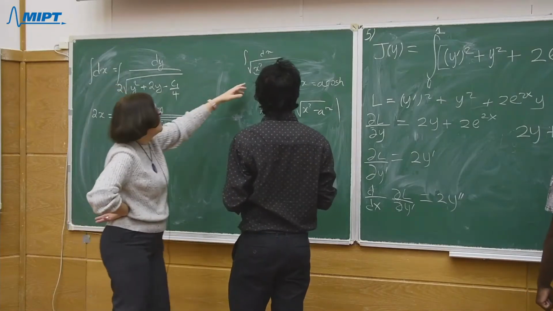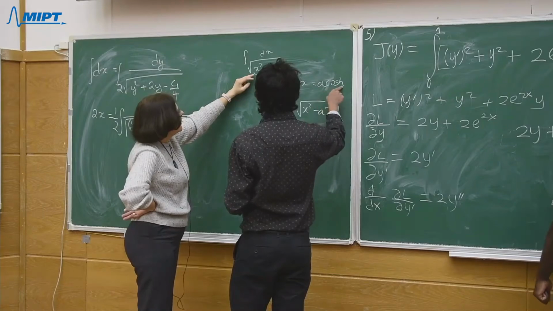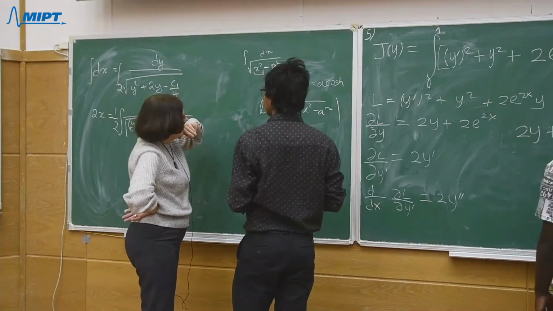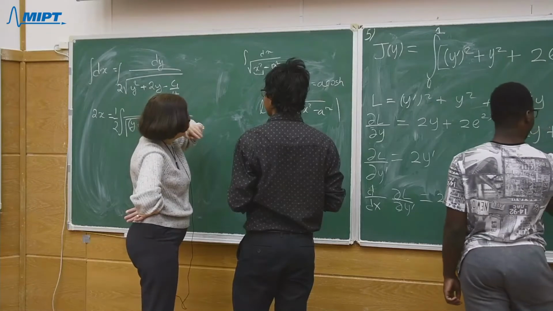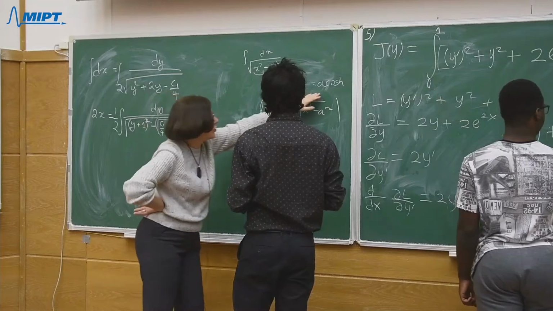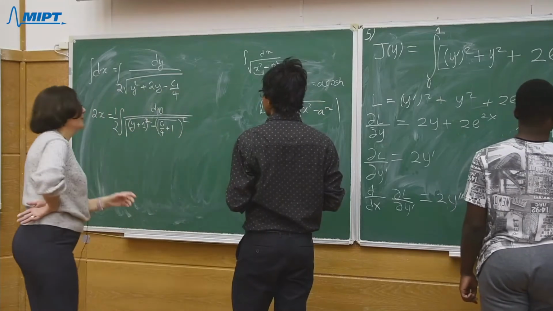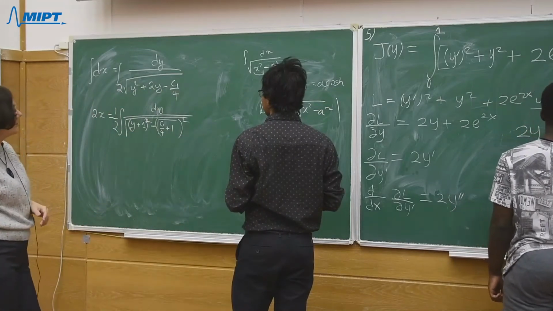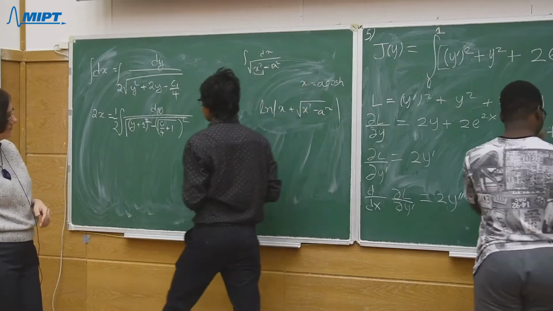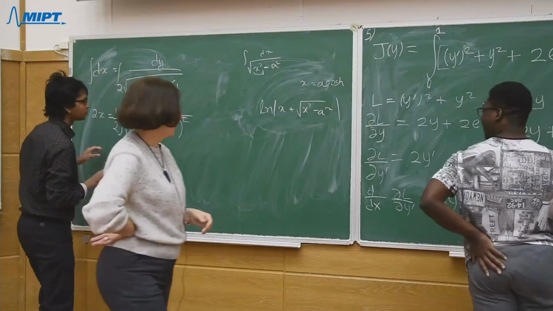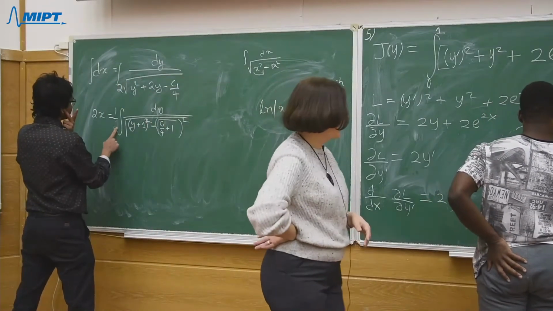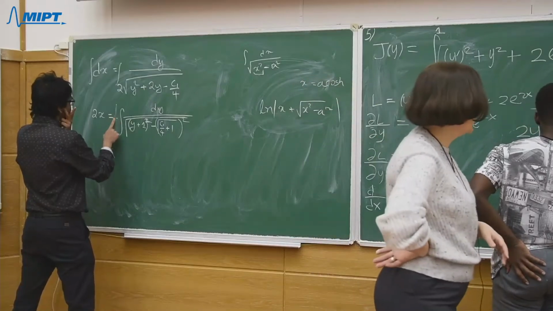But you may make a substitution, maybe not cos, but cosh t, a cosh t. Yes, this substitution will help you. Exactly. Yes, this is the linear second order equation.